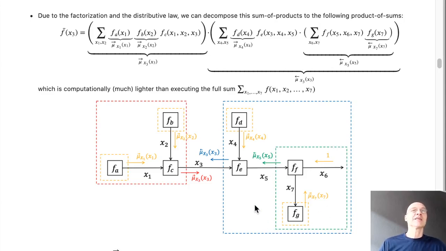So there's this nested structure. You start at the terminals and you work your way from the terminals to the edge that you want to compute your marginal for.